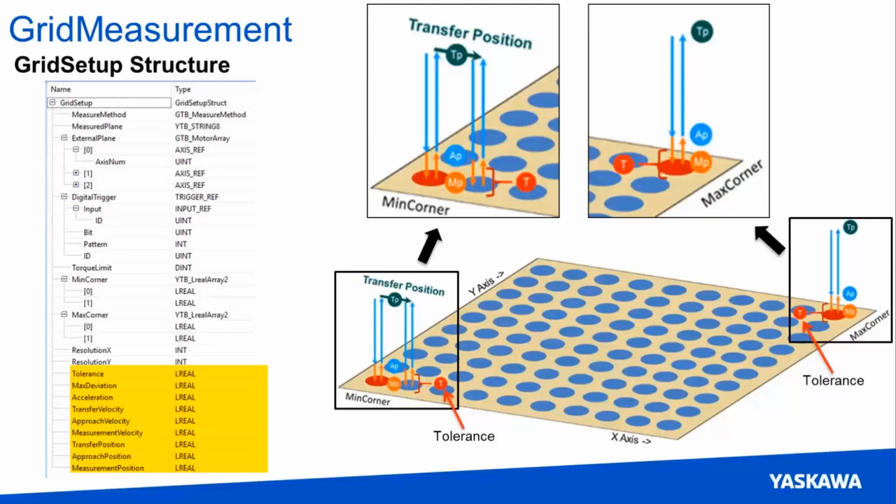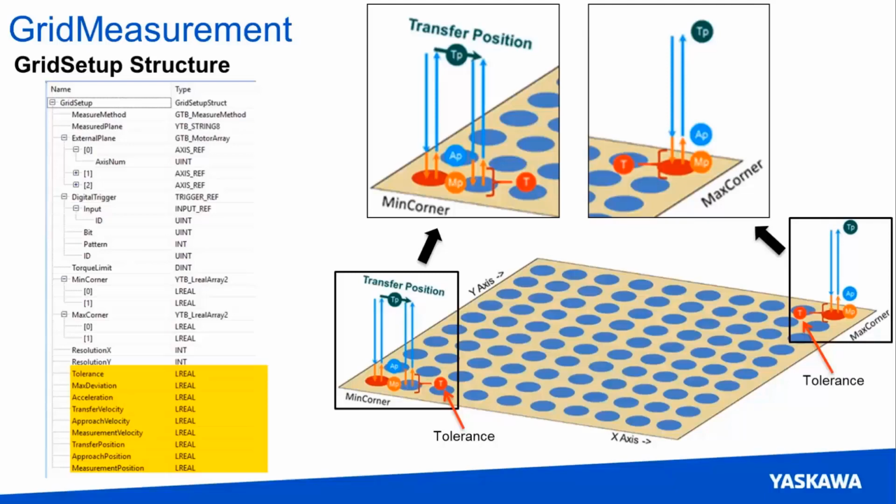The transfer position is a height that is a safe distance away from the surface that you can move to the next measurement point. The measurement and approach positions are much more critical in your setup, as you want to set your measurement position to the point at which you expect either your torque limit to be hit, where you're actually touching the bed, or in another case where your proximity sensor typically triggers.